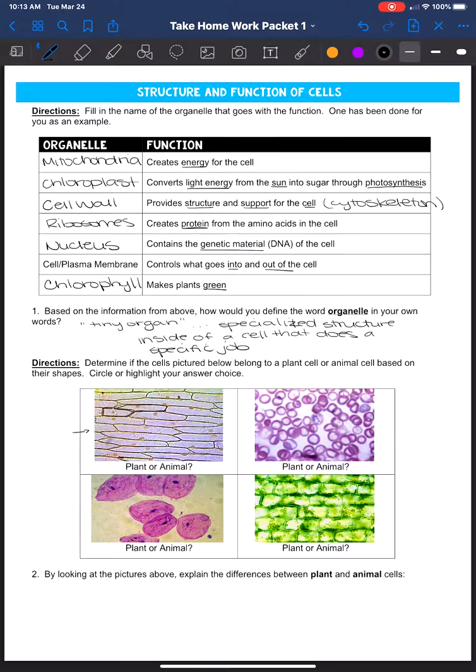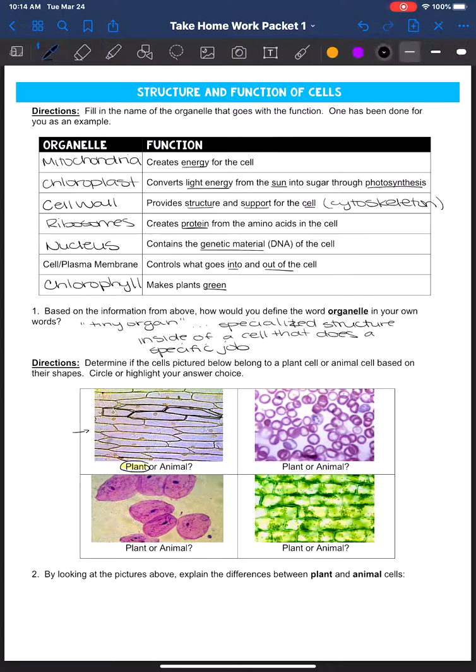They have a very specific shape and structure to them. Because they have a specific shape and structure, and because it's yellowish green, I know that this is going to belong to a plant cell.